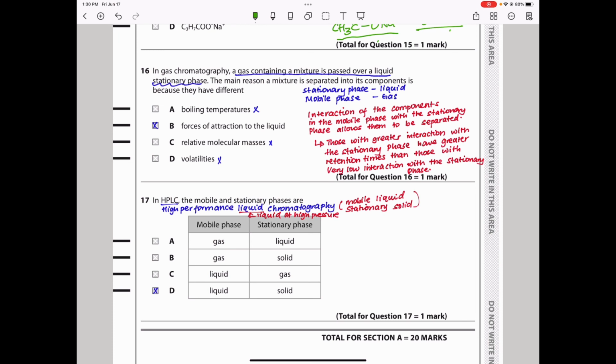Here again, they've told us it is passed over a liquid stationary phase. So the separation is due to the interaction with the liquid, which is the stationary phase. That interaction allows these components to move through the gas chromatograph at different rates in order for them to be separated properly. So the answer should be B.